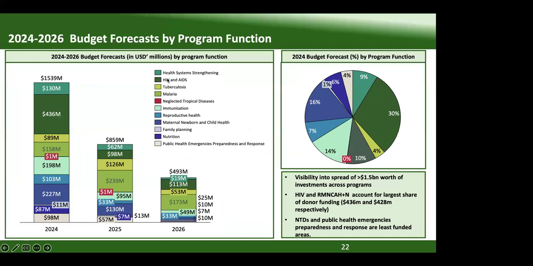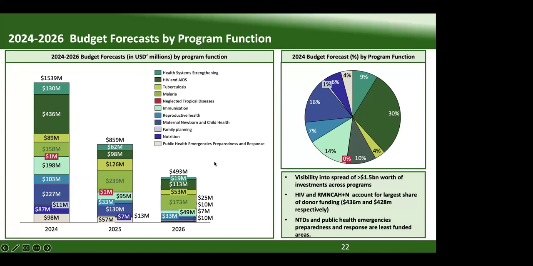You can see the legend here that shows you where they're spending the money on: health system strengthening, HIV, tuberculosis. HIV, AIDS. So HIV significantly took a large chunk of the funding because of PEPFAR and the Global Fund. Malaria was 158, NTDs 1 million, immunization services, and the rest of them listed here for 2024.